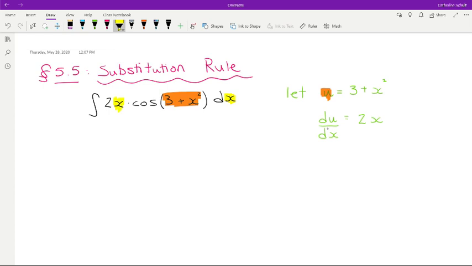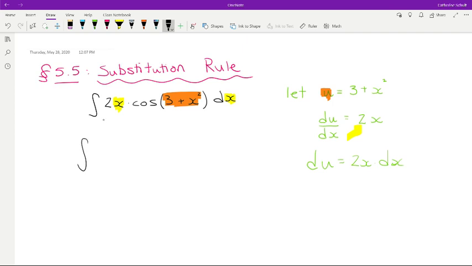So what we're going to do is substitute dx with du by multiplying both sides by dx. So we really get that du is 2x times dx, okay? And now all of our substitution is complete.